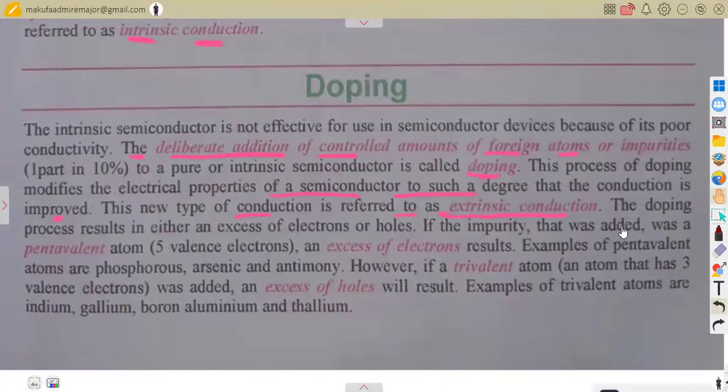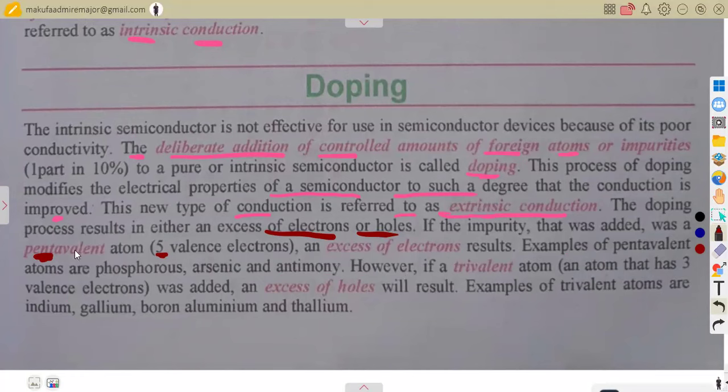The doping process results in either an excess of electrons or holes. If the impurity that was added was pentavalent, penta from 5, having 5 valence electrons, there is going to be an excess of electrons whenever you use a pentavalent.